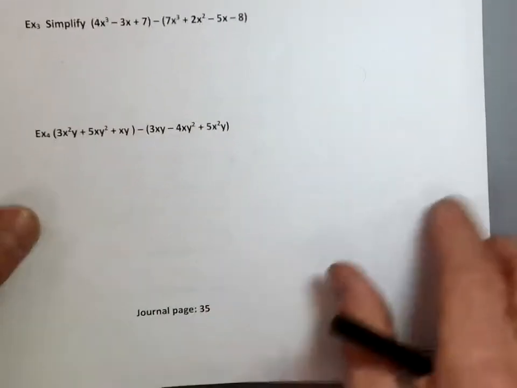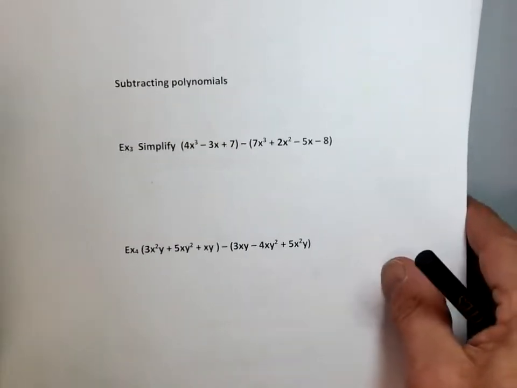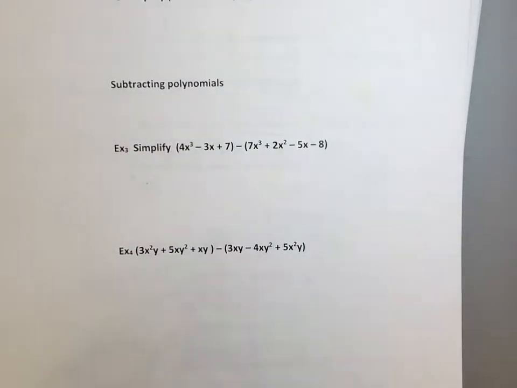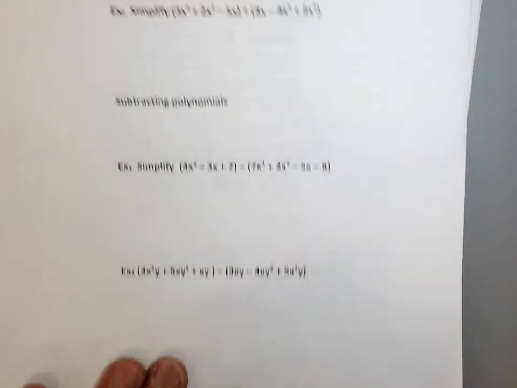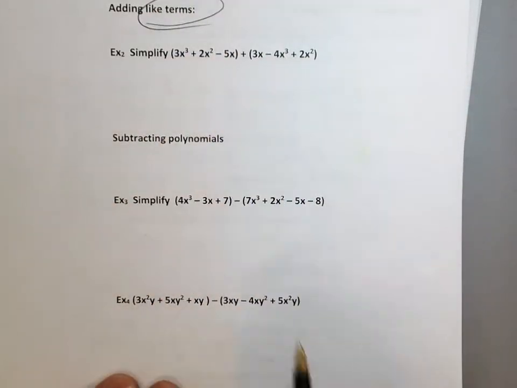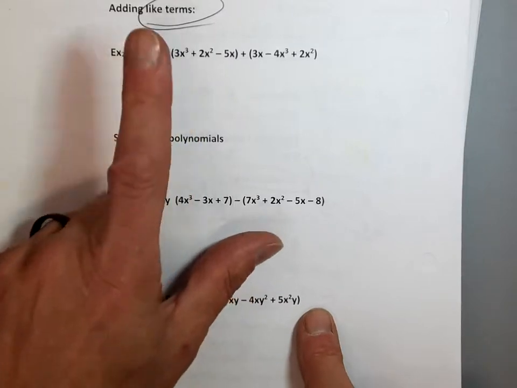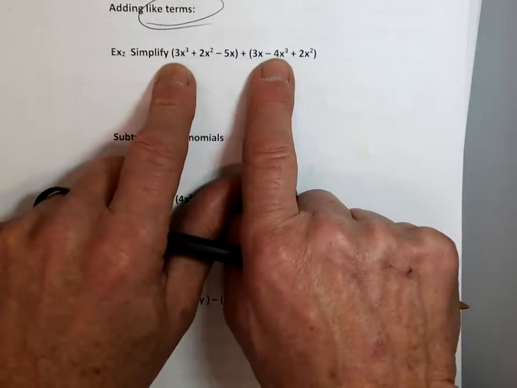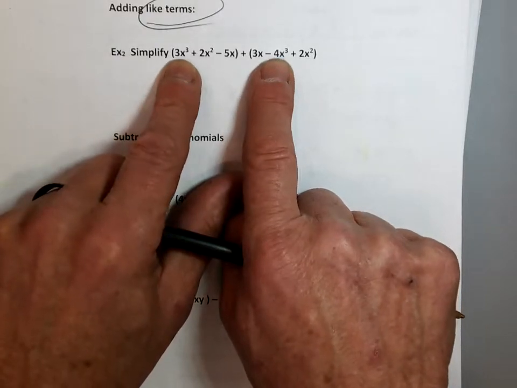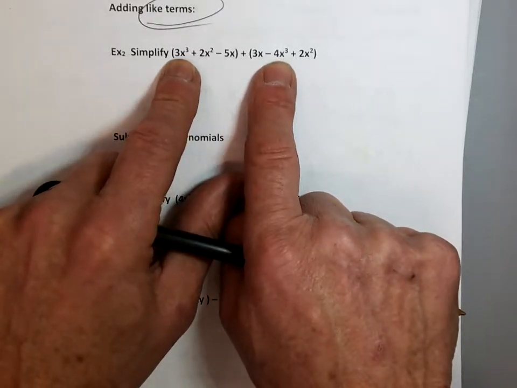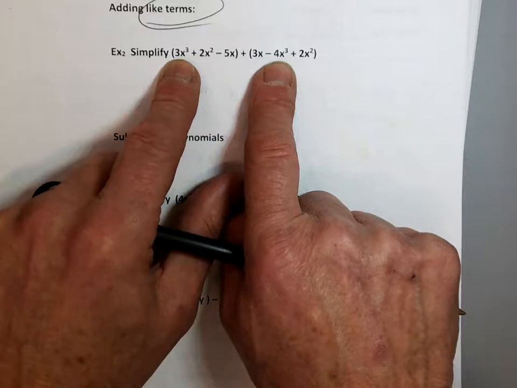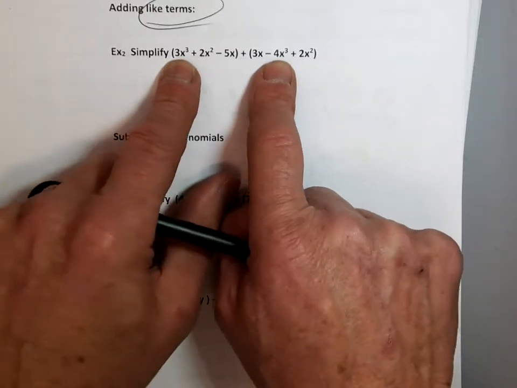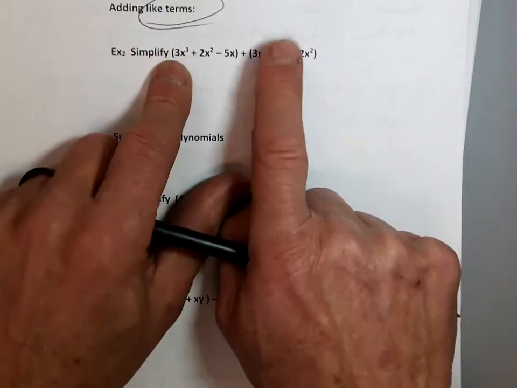Okay, all right. Now, if we're going to combine, add, or subtract polynomials, we add like terms. Okay? So, 3x cubed, x cubes with x cubes, right? X cubes go with x cubes. And now here's the thing. The answer is not x to the 6. I just say, okay, how many x cubes do you have? I've got 3 minus 4. How many x cubes?